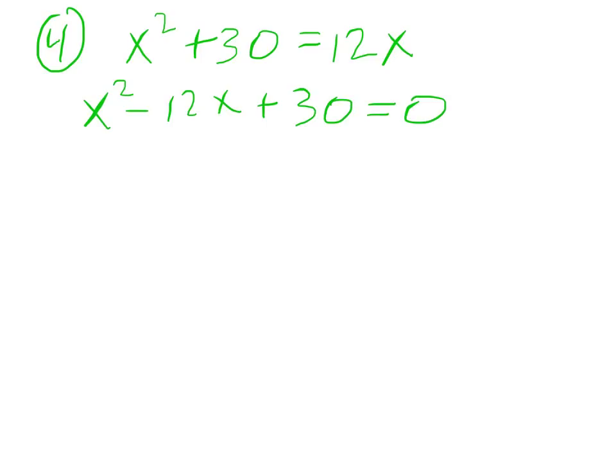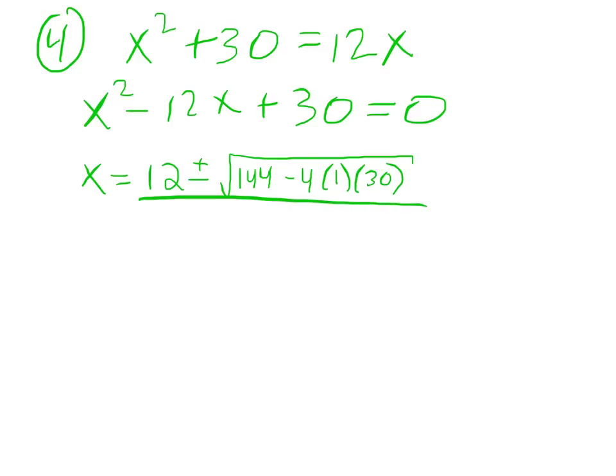You can either try to factor this thing and use the zero factor property, or you can use the quadratic formula. Let's just go ahead and use the quadratic formula. So that says x equals negative b, so that's 12, plus or minus the square root of b squared, so that's 144, minus 4 times a times c, all over 2a.